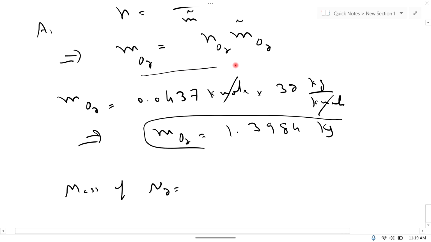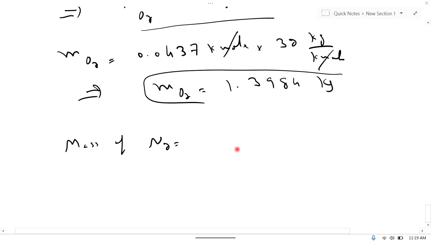Similarly, using this formula, the number of mole of nitrogen is 0.0654 kilomole, multiplied by the molar mass of nitrogen, 28 kilogram per kilomole.